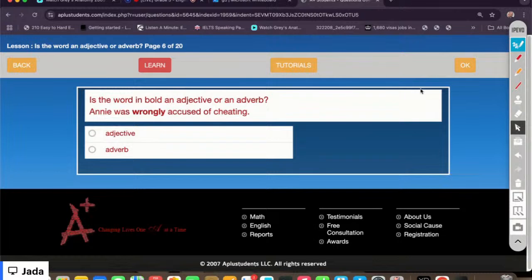So Annie was wrongly accused of cheating. So adjective or adverb?